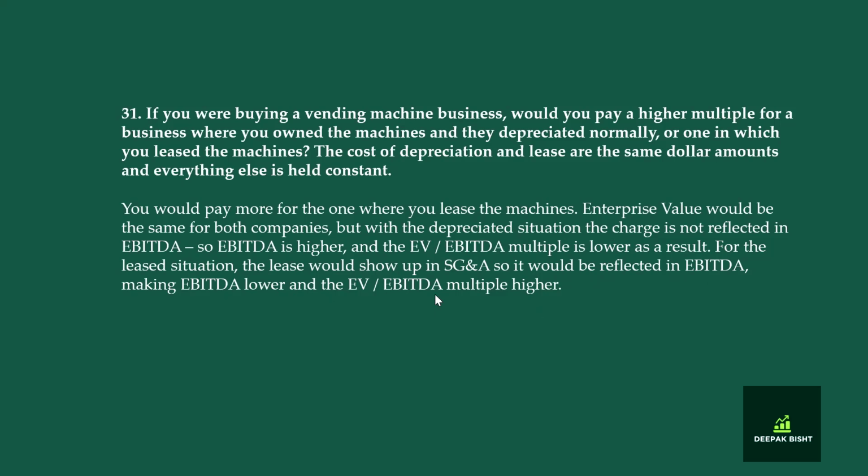So if the denominator is reduced, it will give us a higher multiple. So just simple as that. So that's why we will give preference to the one which is leasing the machine.